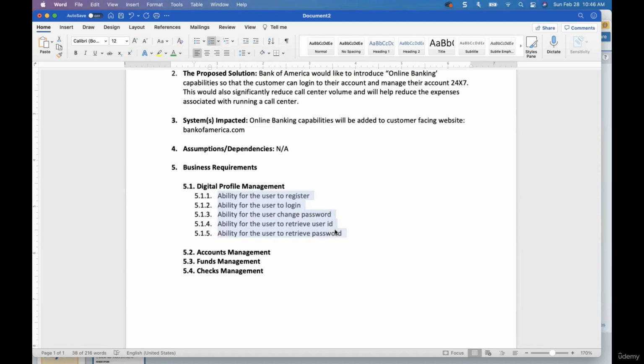And are used to define the project goals.